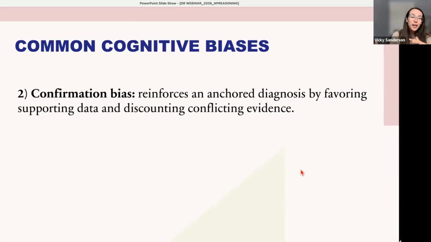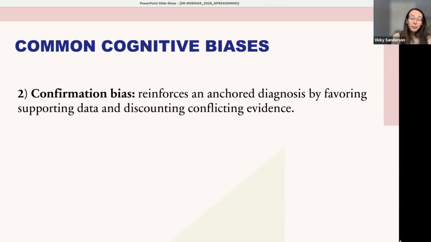So anchoring and confirmation bias go hand in hand. Confirmation bias reinforces that anchor diagnosis by weighing supporting data for your suspected diagnosis way more heavily and discounting conflicting evidence, or weighing it way more lightly.